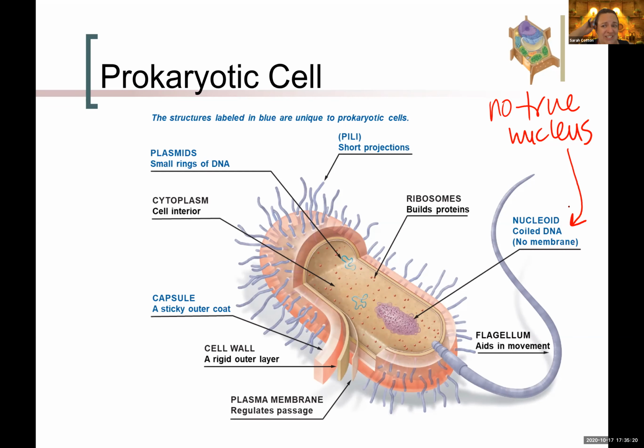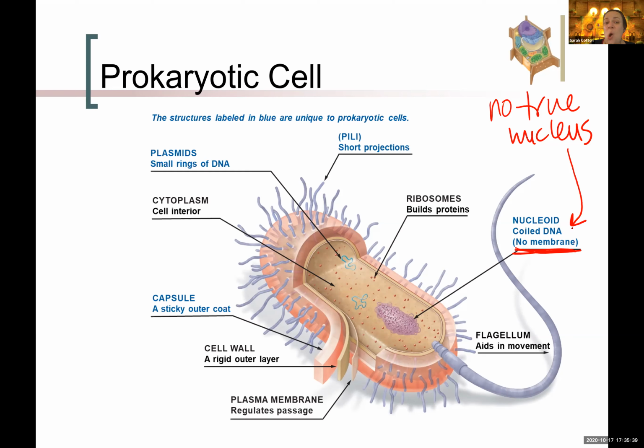So it's usually together, right? But we call it a nucleoid region. We don't call it a nucleus because it doesn't have a membrane around the outside of it, right? And so that is perhaps the biggest defining characteristic of prokaryotic cells.